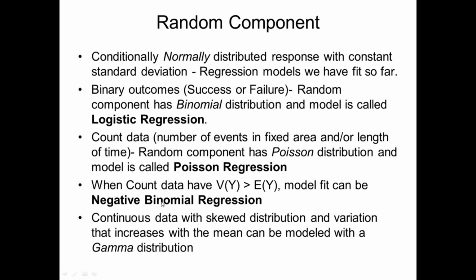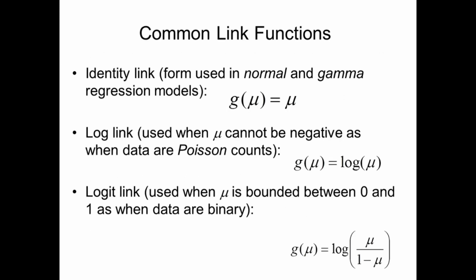We also have continuous data with skewed distribution, and variation that increases with the mean, which can be modeled with gamma distribution. So we have some common link functions.